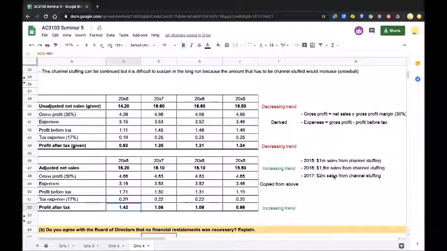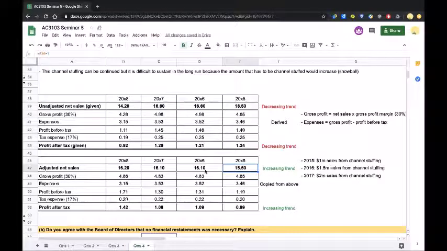Just to recall, in 2015, 1 million sales come from channel stuffing, in 2016, 1.5 million, and in 2017, 2 million. So how we adjust the net sales is that, for example, in 2015, because the 1 million sales was not the actual sales in that year, we minus it off. As you can see from the formula bar, we arrive at 15.5 after minusing off the 1 million.